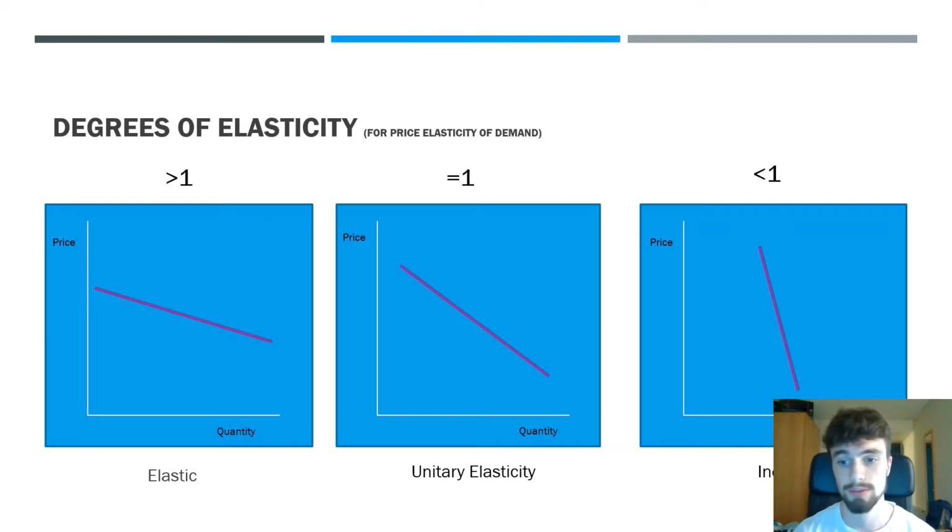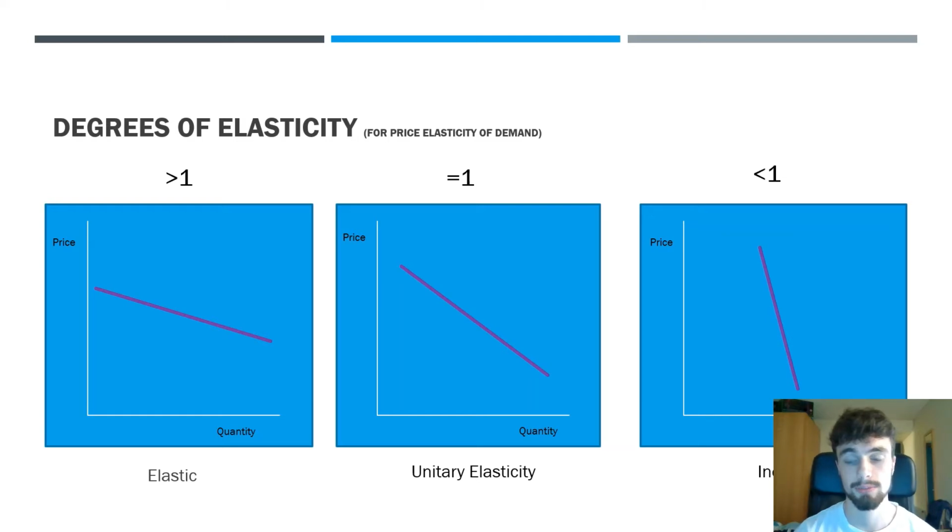So here are the graphs for the degrees of elasticity. Basically, the larger the degree of elasticity, the more severe the change will be. So if you look at the graph on the left, for an elastic price elasticity of demand, a small change in price will result in quite a big change in quantity demanded.